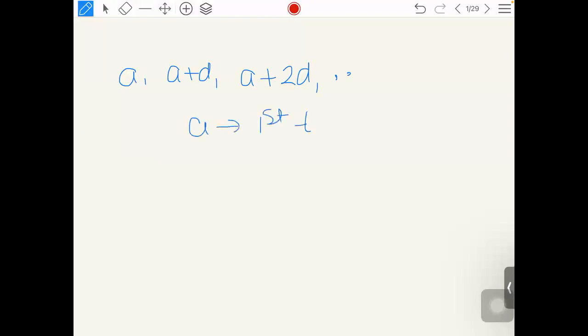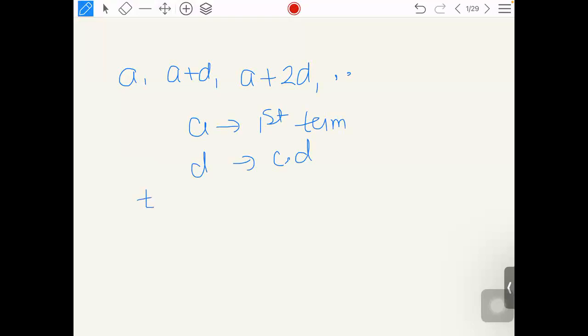So the first concept is arithmetic progression, and you all know what is arithmetic progression. If the terms are like a plus d, a plus 2d, and so on, it is called arithmetic progression. Definition wise, if the difference between two consecutive terms is constant, it is called arithmetic progression. Here a is termed as the first term and d as common difference, CD.